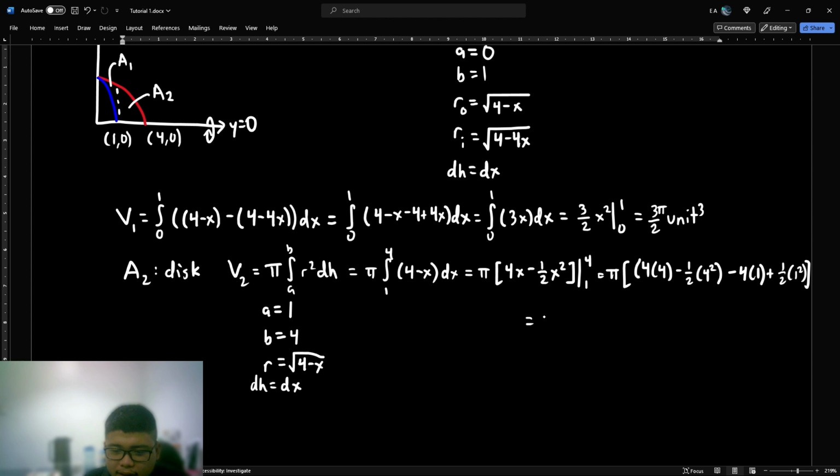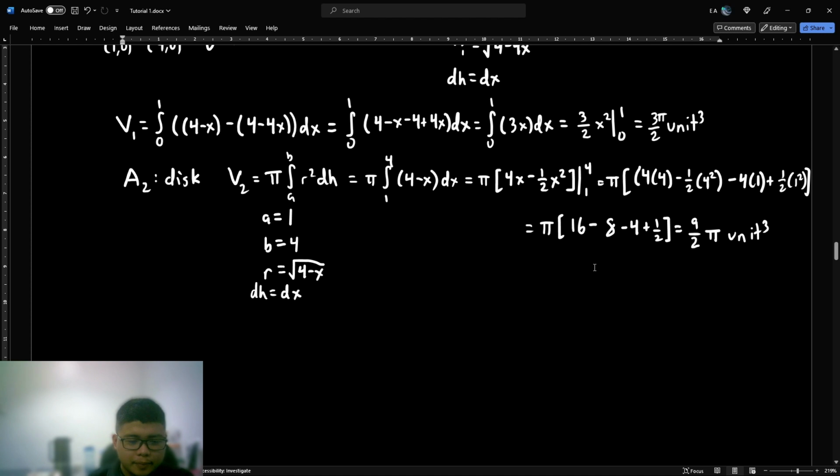We're going to be getting pi times 16 minus 1/2 times 16, so it's 8, minus 4 plus 1/2. This is equal to 16 minus 12, so that's 4 plus 1/2, which is equal to 9/2 pi cubic units. That is just volume 2.